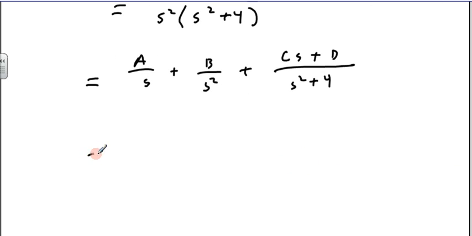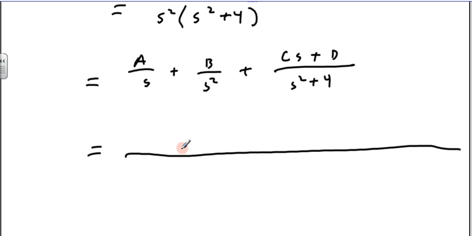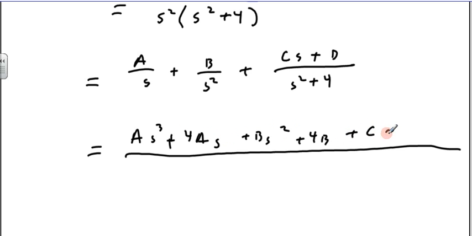I want to put it all under one denominator again. And when I do that, I'm going to have As cubed plus 4As plus Bs squared plus 4B plus Cs cubed plus Ds squared.